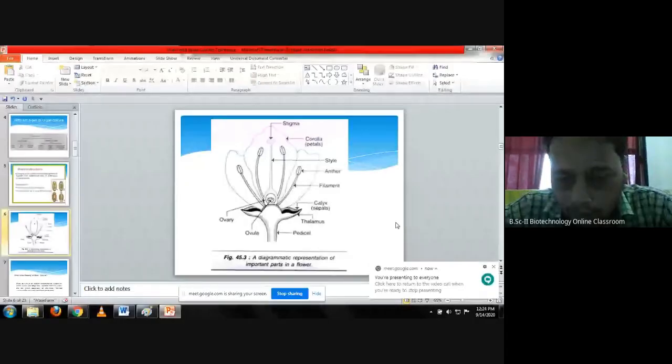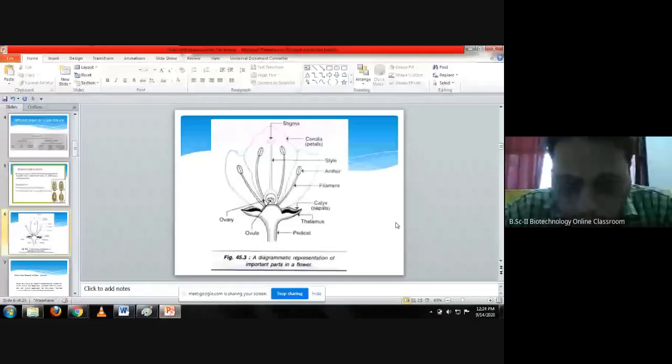Inside, this ovary is there. In natural fertilization, what happens? The pollen grain fertilizes the egg cell in the ovule to produce a zygote. बरोबर ना? Yes, sir.